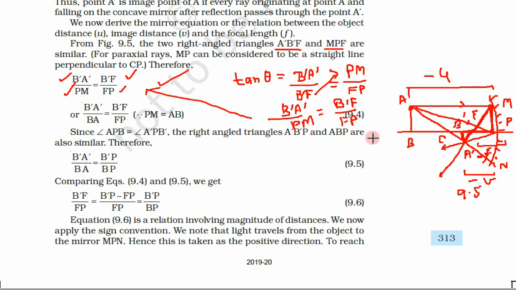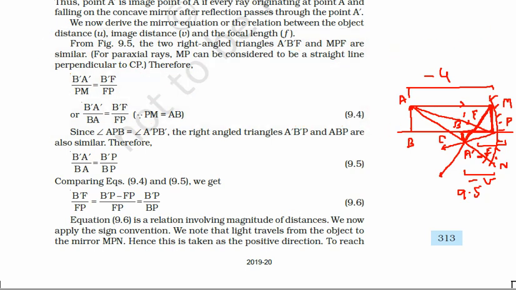Now B dash A dash upon BA, this distance upon this distance, must be equal to B dash F divided by FP.